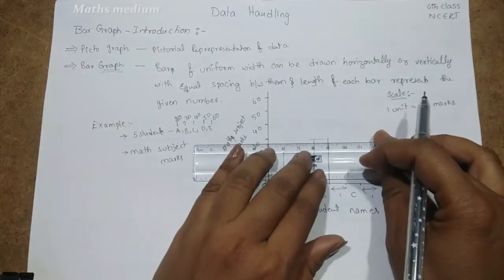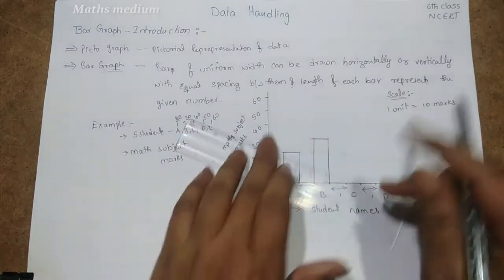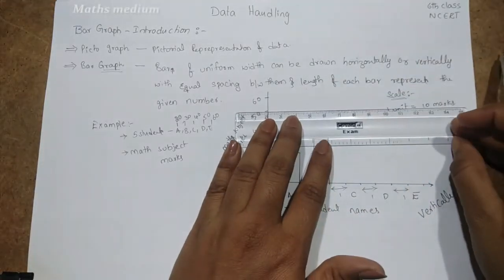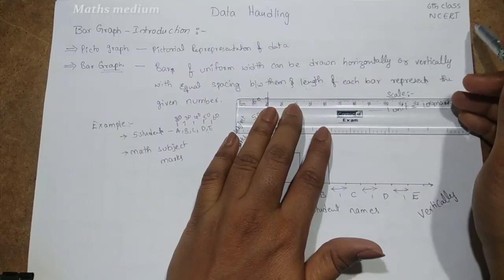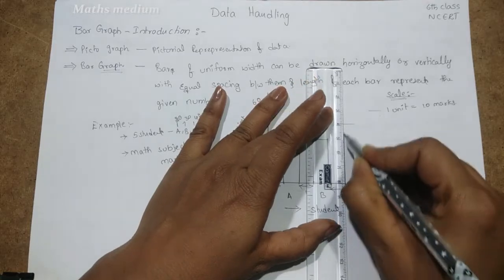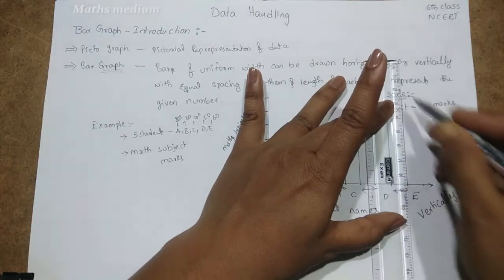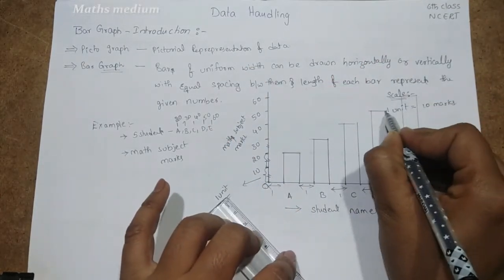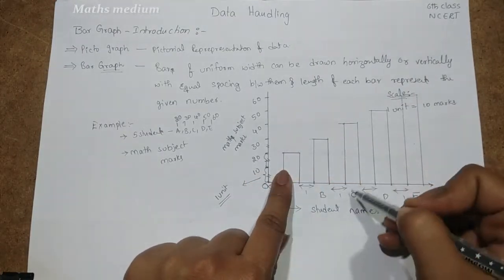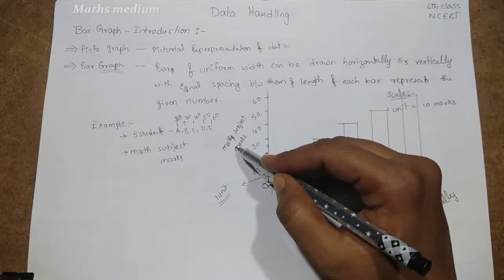So it also has 30 marks. Finally C has 40, make another line, and 50, and finally 60. Now extend these bars. Now see, it is like this: A has 20, B has 30, C has 40, D has 50, and finally E has 60 marks in the math subject.